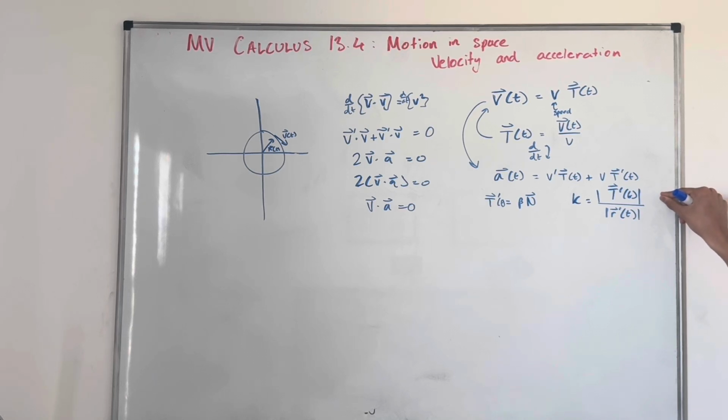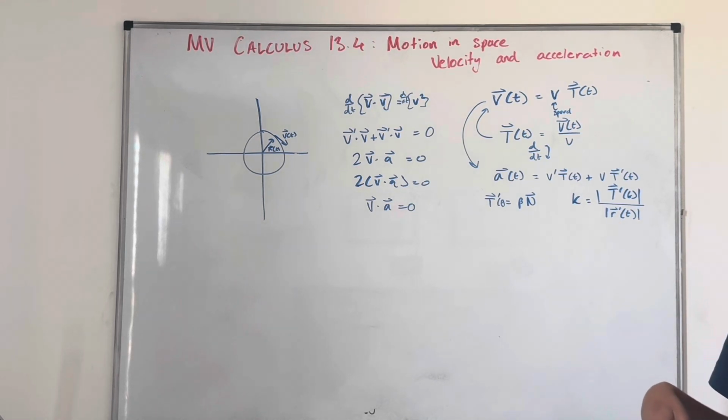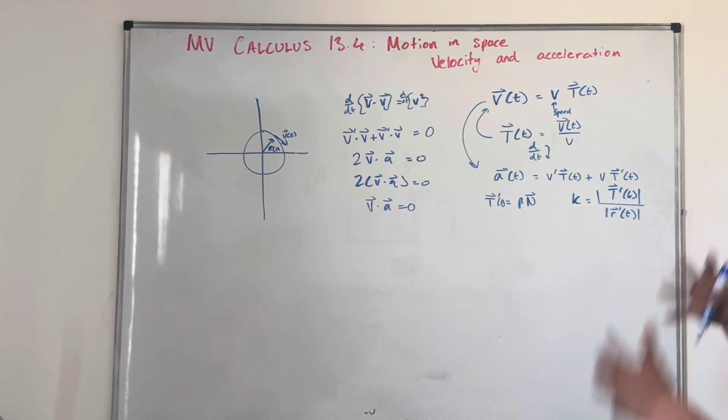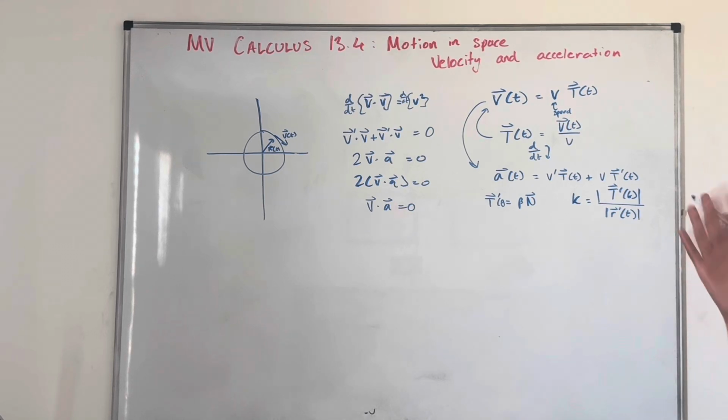How much does the unit tangent vector change as the position changes, as the velocity changes? Let me get my words down.